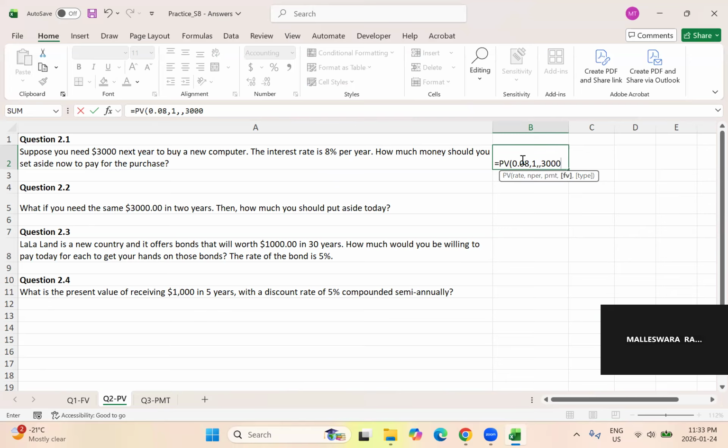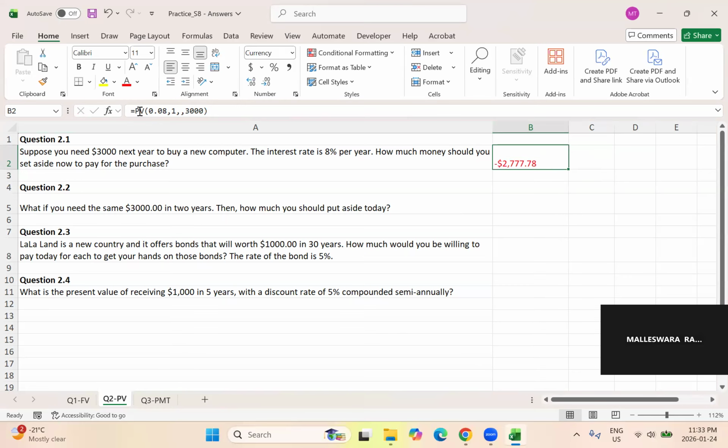Okay. And its present value is money going out. Or I can put a negative sign if I want at the end. So set aside. That's it, I think. You don't need to do anything more. 3,000, 8%, just 1 year. So that's negative. Money is coming to you.